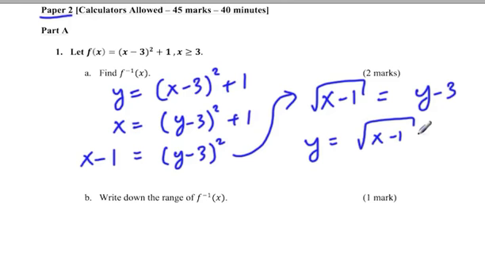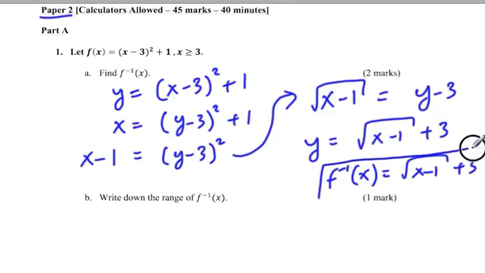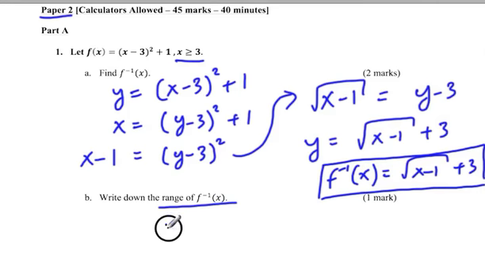My solution is f inverse of x is equal to the square root of x minus 1 plus 3, and we are done. Write down the range of f inverse. Well, remember, the range of the inverse is the domain of the original function. So if x is greater than or equal to 3, then y is greater than or equal to 3, and we're done.